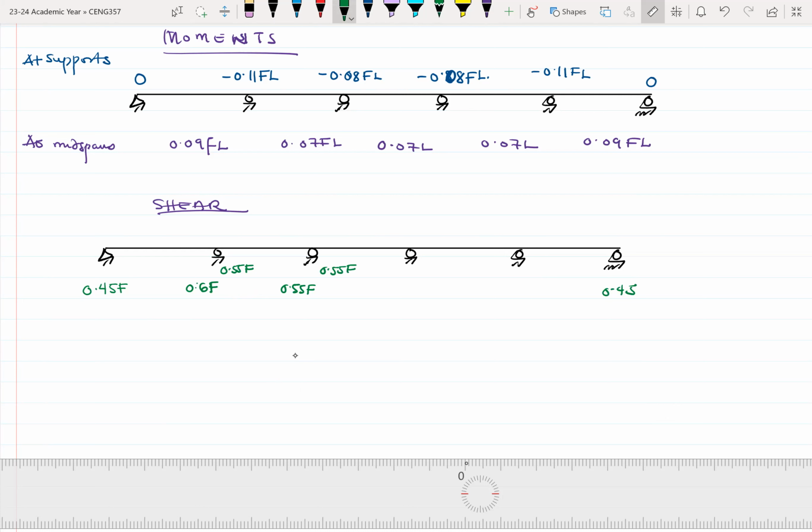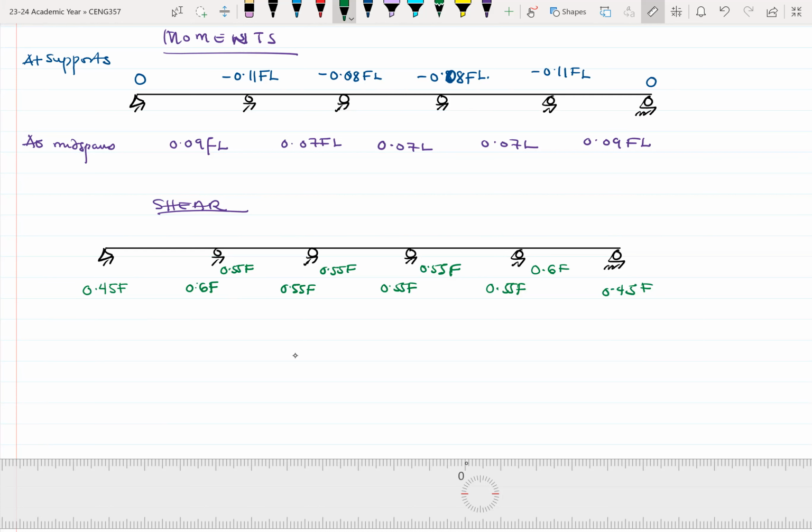Then on the right is 0.6 F. On the left is 0.55 F. 0.55 F and then 0.55 F. So these are the shear force values, all right?